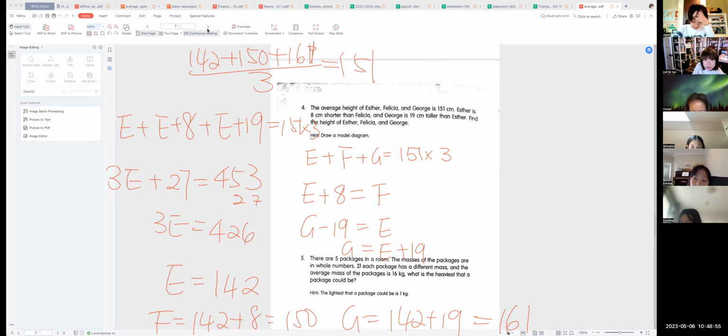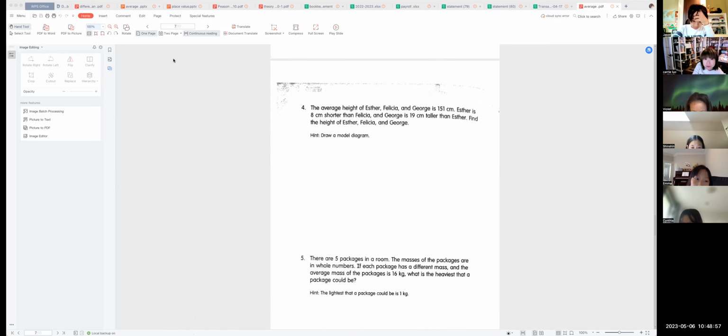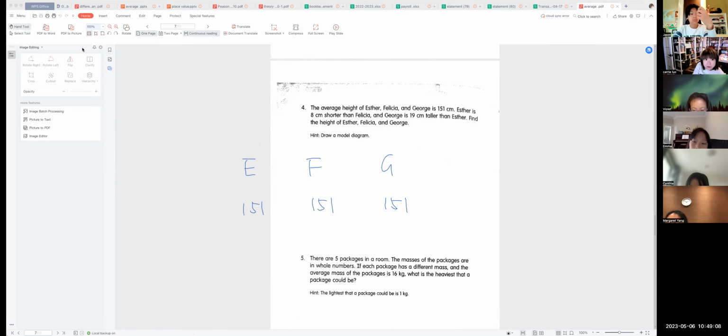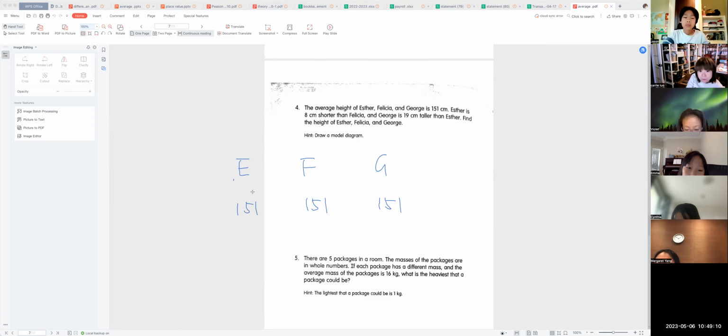Okay, so for this question, we also have another way of doing that, okay? For instance, because Esther, Felicia, and George are 151 on average, right? And you know, they're not actually like that, correct? They have their real heights. But let's take a look at this one. Esther is 8 centimeters shorter than Felicia.